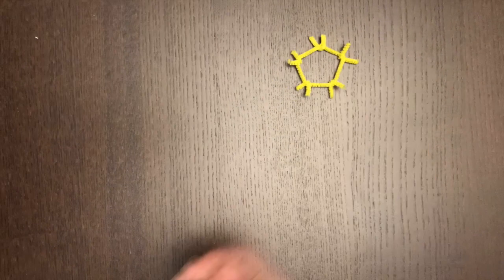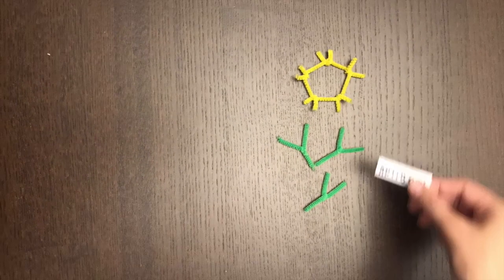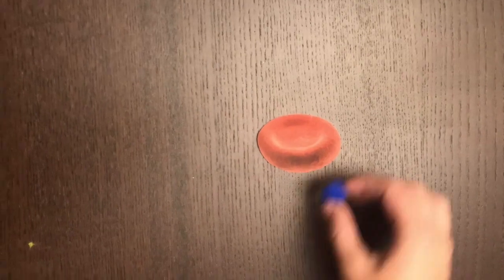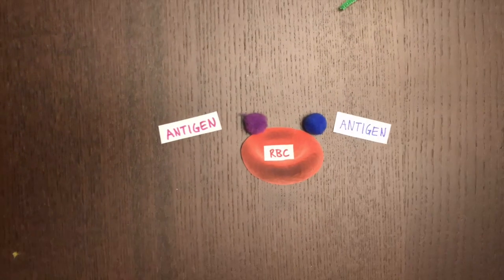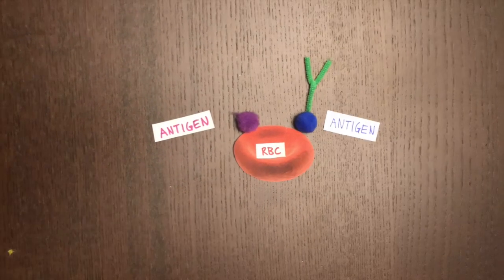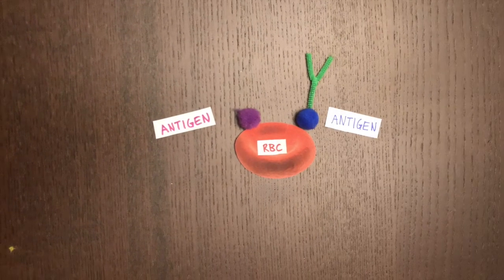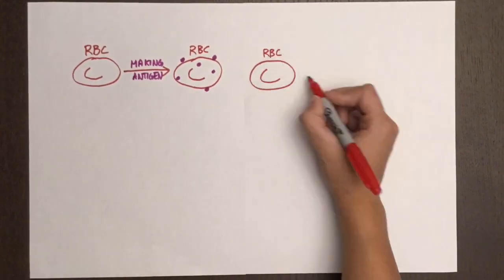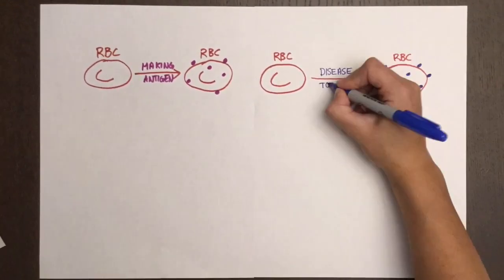The mechanism by which the immune system kills red blood cells is through antibodies, which are created by B cells. The red blood cell has antigens, or proteins, on its surface, and the antibody is able to bind to the antigen. This causes hemolysis, or cell death. Antibodies can be made by the red blood cell itself, or they can be acquired through a disease or a toxin.